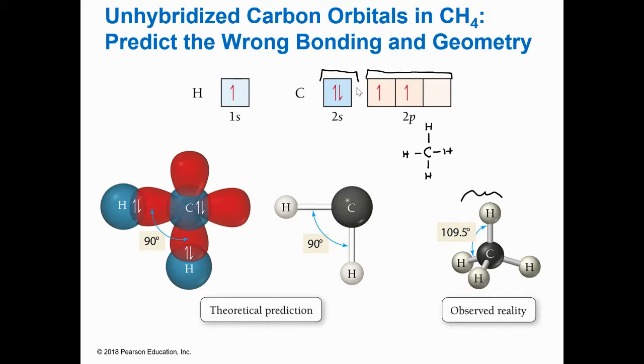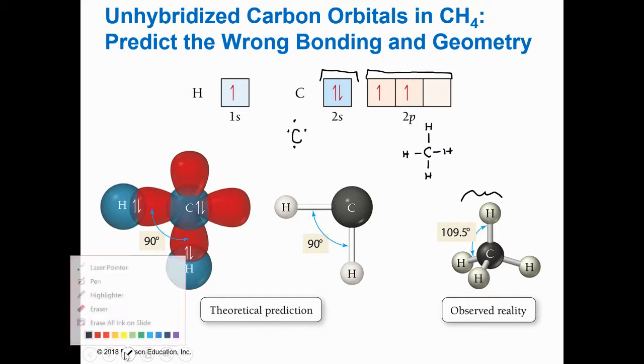So if you look on your periodic table and you see carbon is in what group? What is it? 14? Okay, so how many valence electrons does group 14 have? 4. So there's 1, 2, 3, 4.